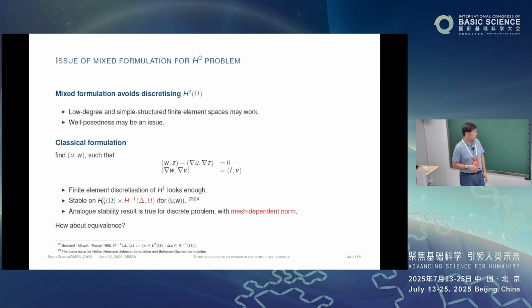The first issue is that the stability of this system is constructed on H1 and H negative 1 Laplacian. This is a complicated space, H negative 1 Laplacian. And also, if you discretize this system, then the stability can be constructed only by mesh-dependent norms.